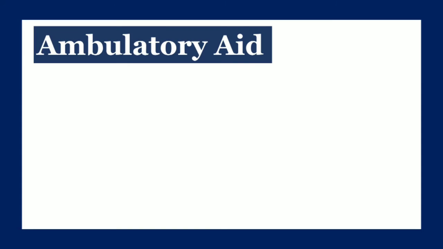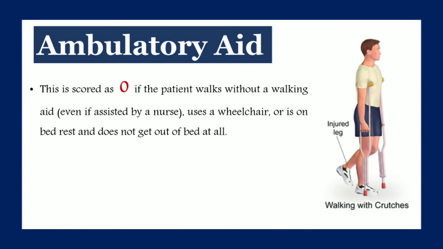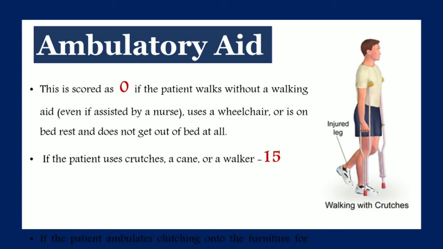The third parameter is ambulatory aid. This is scored as 0 if the patient walks without a walking aid, or even if assisted by a nurse, uses a wheelchair, or is on bed rest and does not get out of bed at all. If the patient uses crutches, a cane or a walker, it is scored as 15.